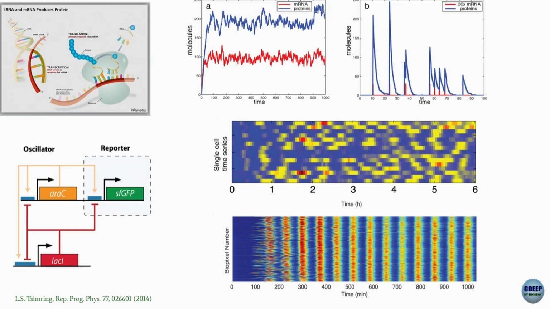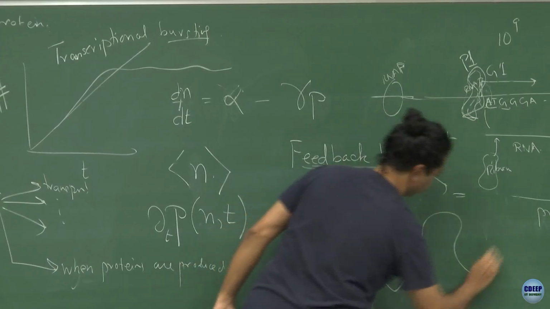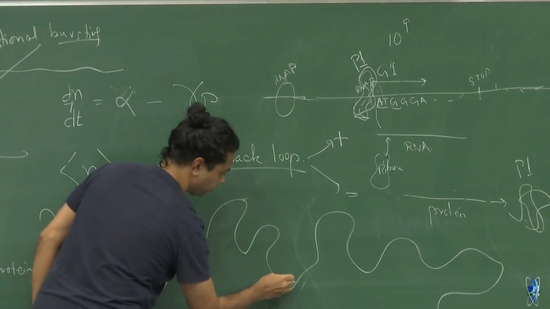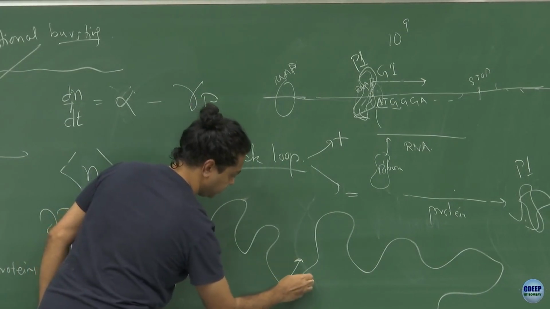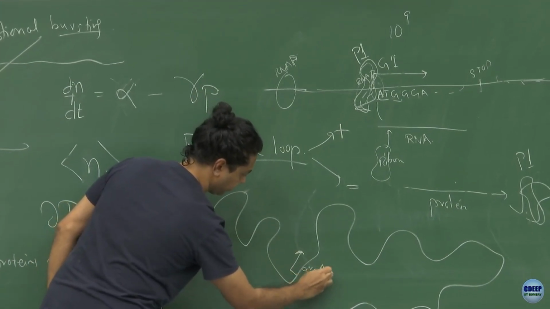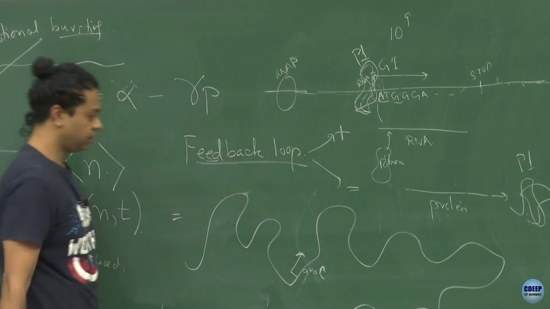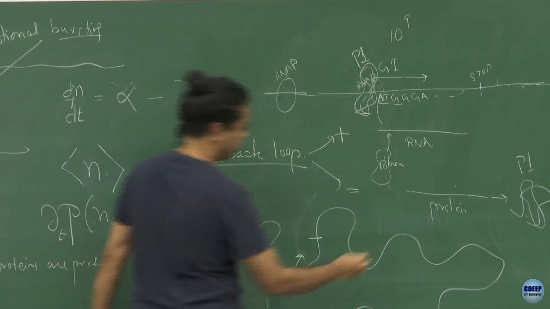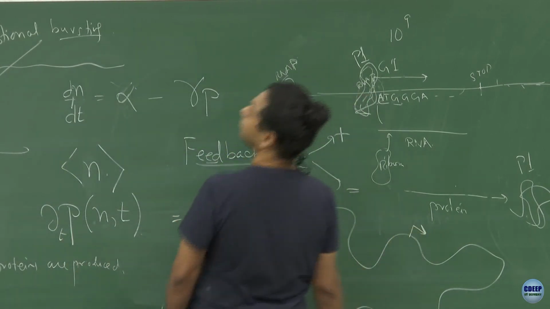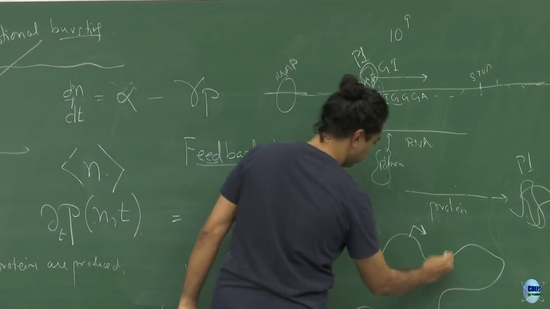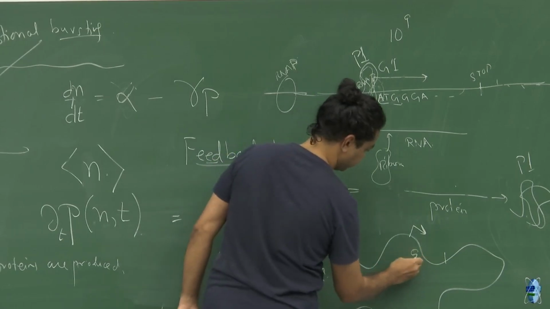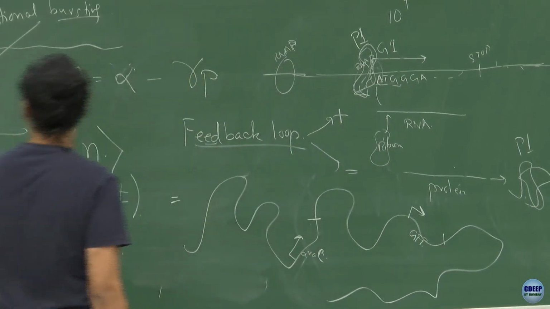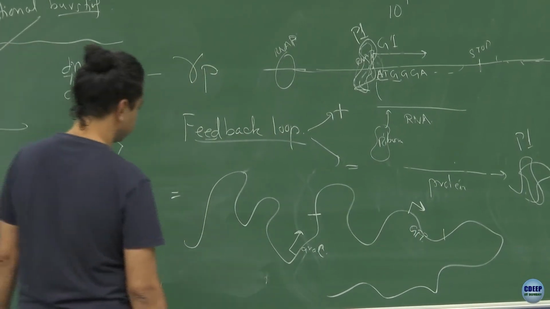Here is my DNA polymer, and here is gene 1, which is ARAC, and that gene is maybe up till here. Then there is another gene, which in this case is a GFP reporter. GFP is green fluorescent protein. And there is another gene, which is LAC-I.